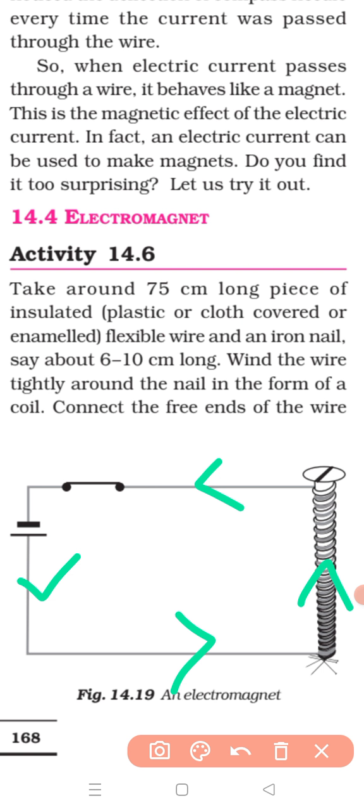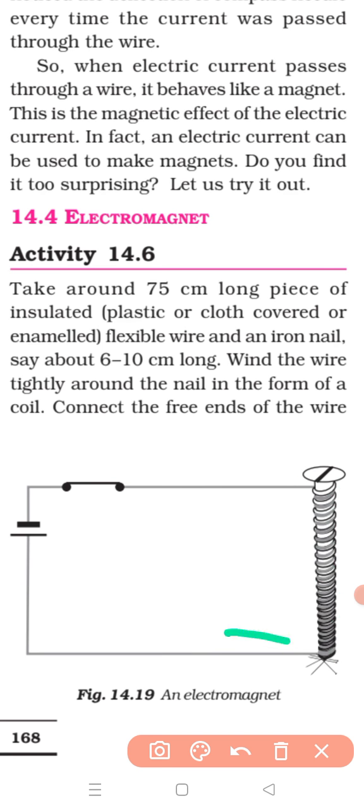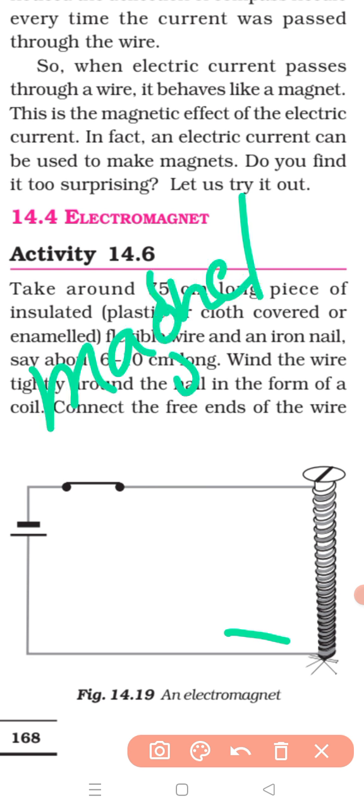So when the two ends of the coil are connected to a cell, current passes through the coil and produces a magnetic effect. This magnetic effect magnetizes the iron rod, so the iron rod will behave like a magnet.